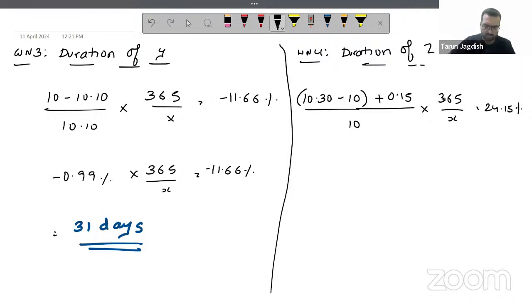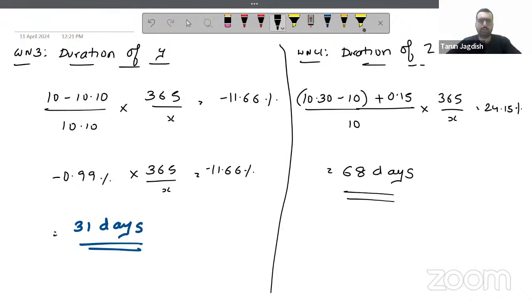So 0.3 plus 0.15 divided by 10 will be 4.5%. So 24.15 divided by 4.5 is 68 days. That will be the answer for the third one.